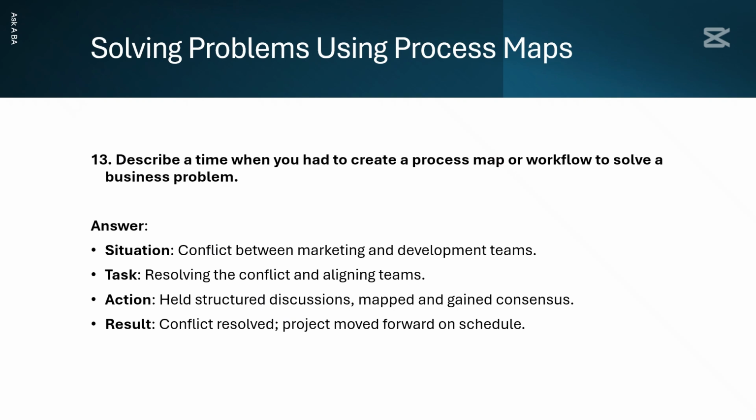Your task will be to resolve this conflict and align the teams. In this case, you are trying to use a process map to help bring understanding. Your action here will be that you hold structured discussions, map the processes, and get a consensus across both teams. The result then is that the conflict was resolved and the project moved forward on schedule.